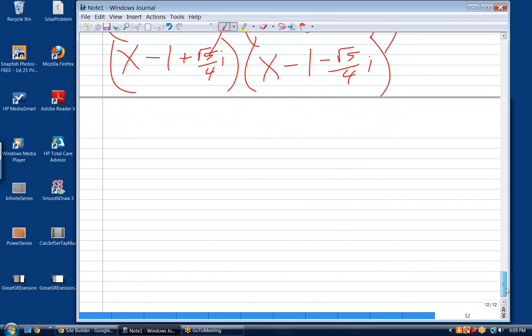So now let's multiply this trinomial times this trinomial. What do we get? Okay. So, the most fun part of everything. So x squared minus x minus square root of 5 over 4i.